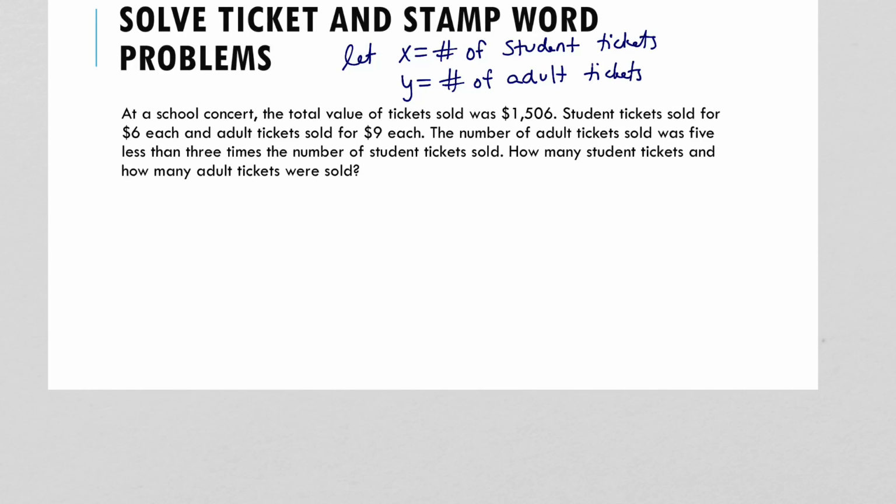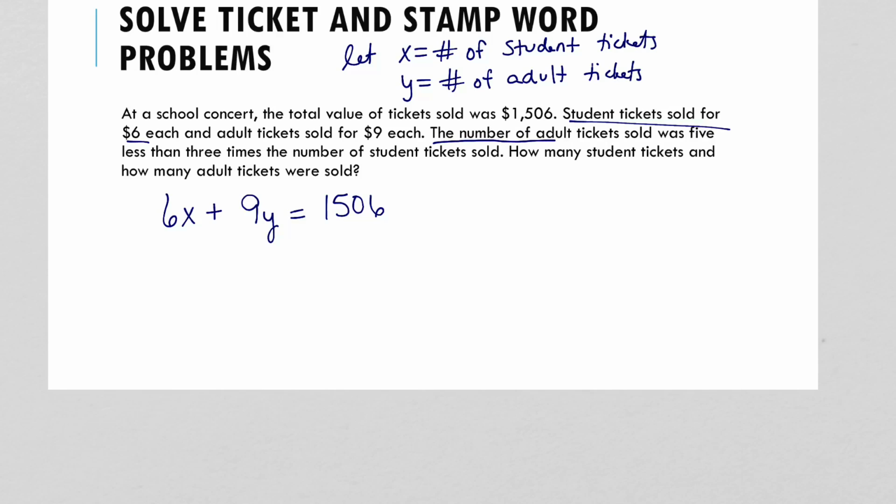Alright, and I know that the value of this was, student tickets sold for $6, so I've got 6 times X, that's the number of student tickets sold, plus 9 times Y is $1,506. So there's our first equation.